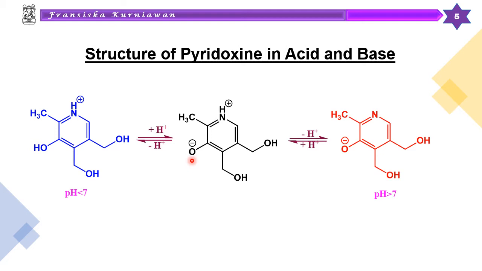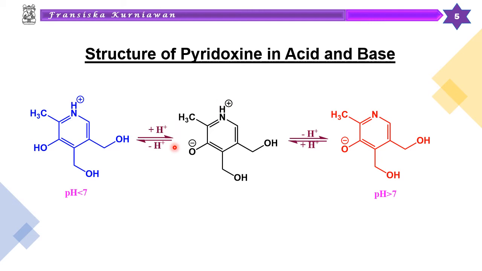If you still remember, the property of the phenolic group is a bit acid, so this is slightly acid. If you put it in the acid environment, it becomes a base structure. So this is the base structure for the phenolic group, it becomes an OH. So this is the structure that you can find if you put the pyridoxine in the acid form.